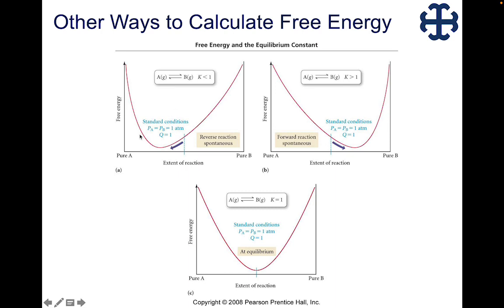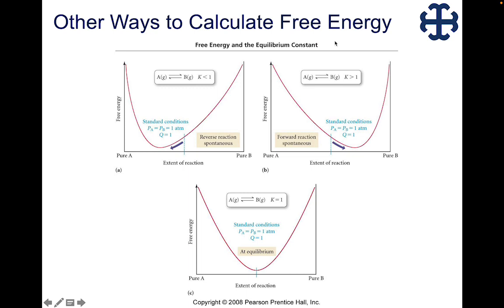And so if we were measuring pressures of a reaction and they were at 1 atm, we know that our reaction would have to shift towards the reactants in order to reach equilibrium, which is represented, if we had an equal concentration of reactants and products, by this middle line.